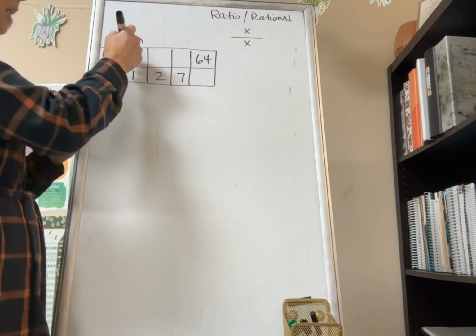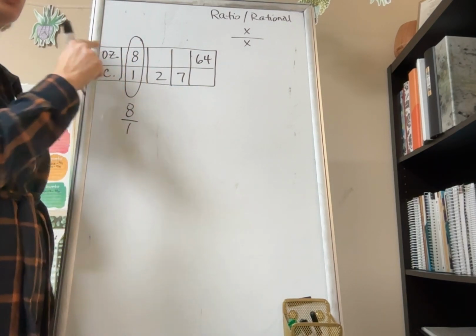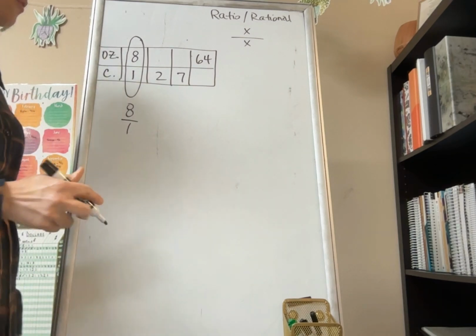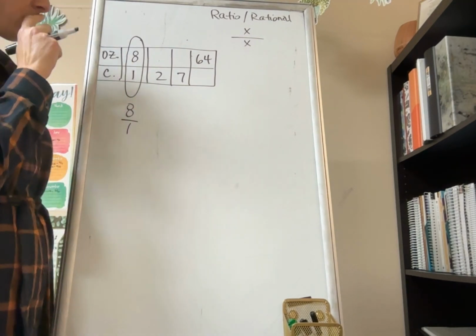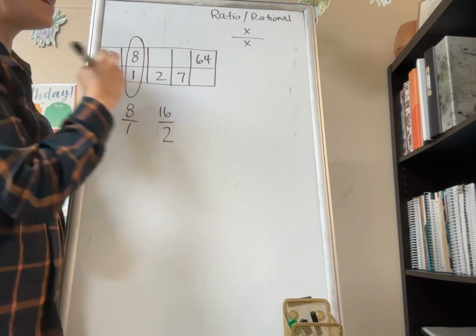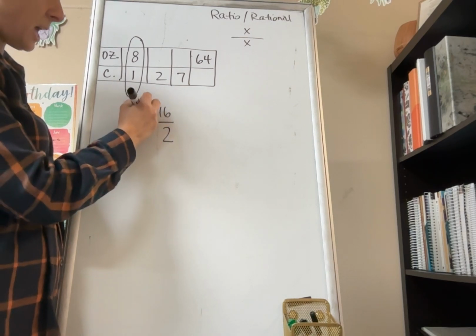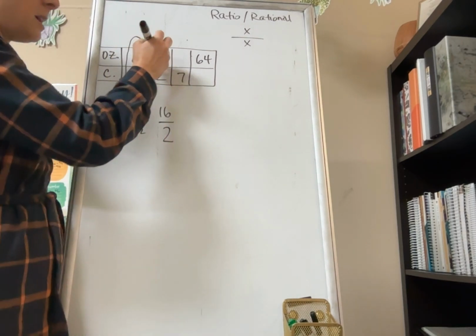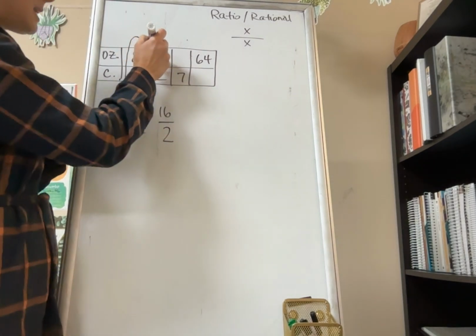Well, if this column right here is a comparison of 8 to 1, then that's a unit rate, right? So that tells me for every 1, I need 8. So if I have 2 on the bottom, that means I need what? 16. I said 1 times 2 makes 2, and 8 times 2 makes 16. So I can fill in the missing spots in my table.